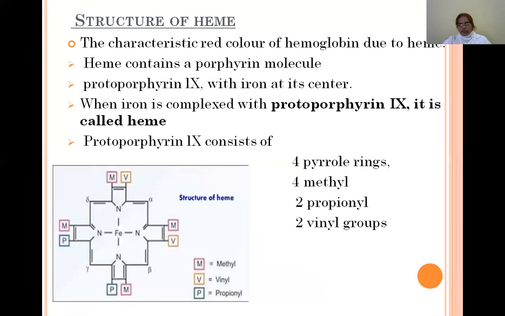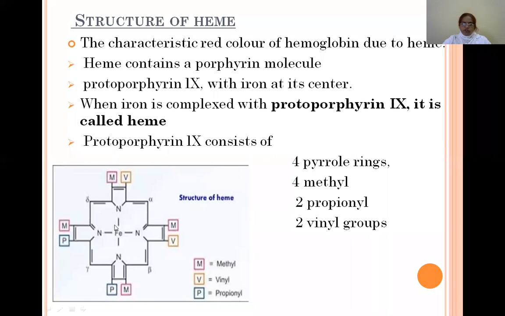Now see the structure of heme. Heme contains the porphyrin molecule protoporphyrin 9 with iron at the center, bound to the nitrogen atoms. When iron is complexed with protoporphyrin 9, it is called heme.